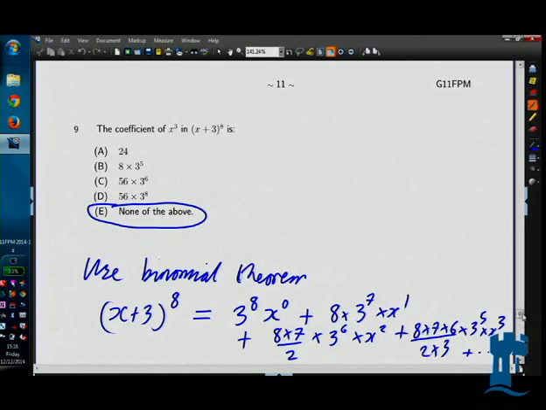And we've got to the term we want here. This is the coefficient of x cubed. It's going to be 8 times 7 times 6 over 2 times 3, times 3 to the 5th.